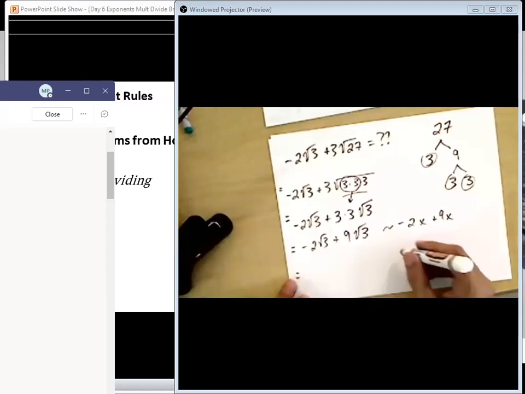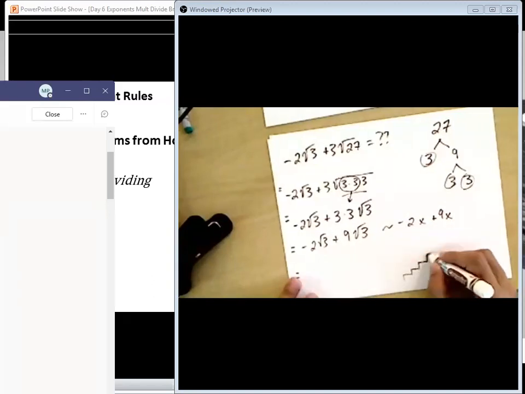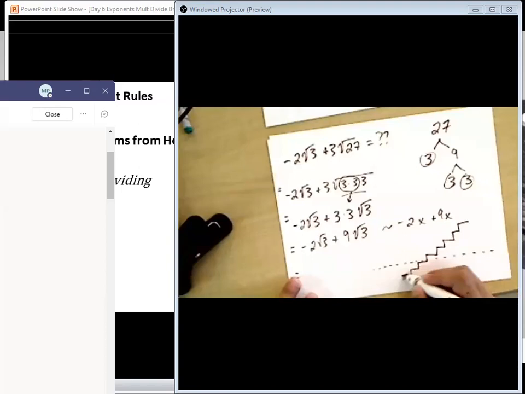So watch. I'm going to draw a little picture here. These are like stairs. This is a nice idea for this. If we're down by 2, that means we're down 1 stair, so we're right here on this level. See, that's the ground.